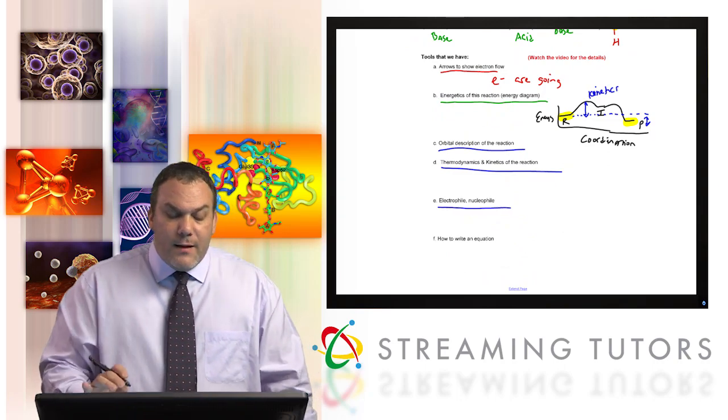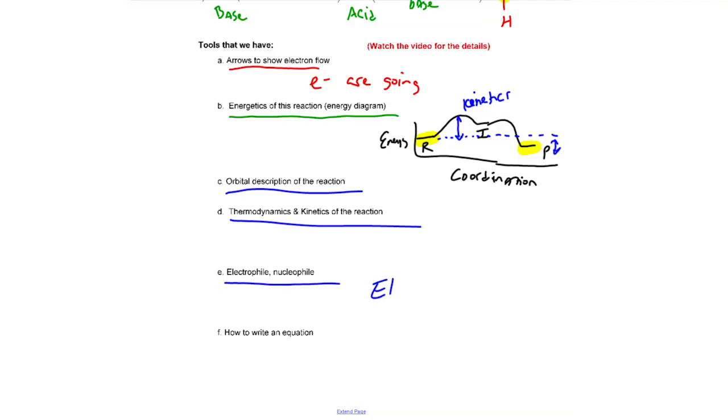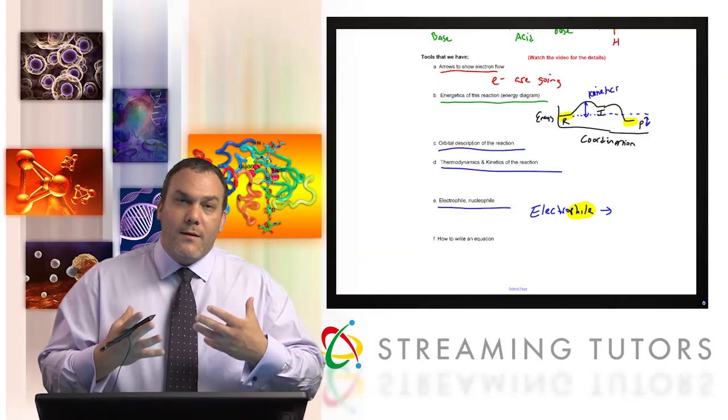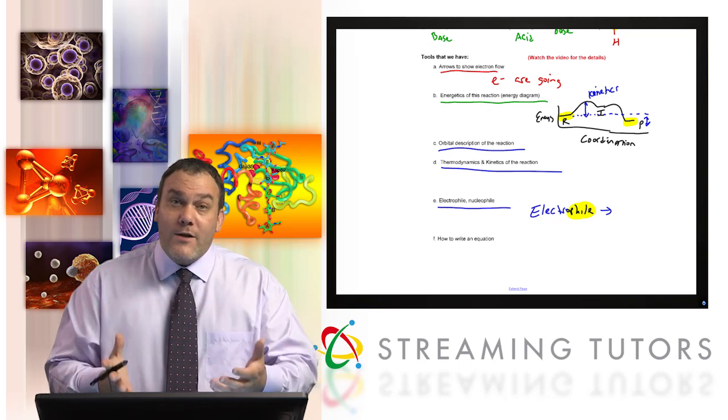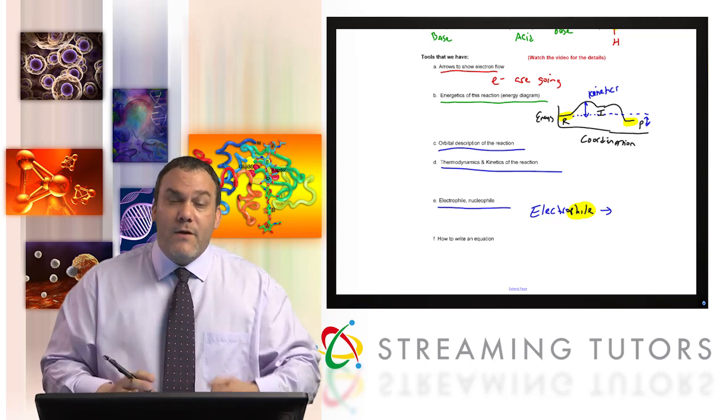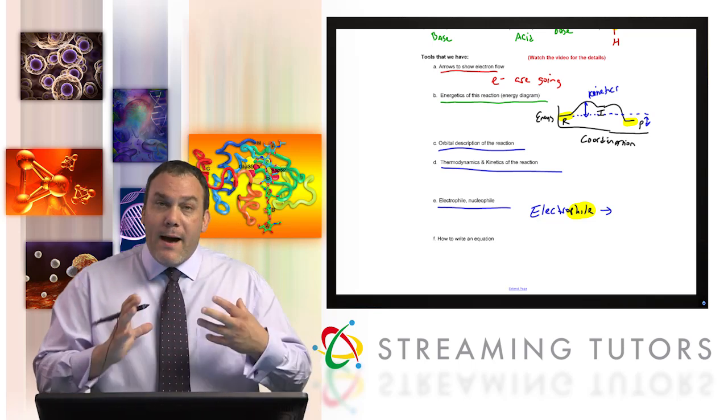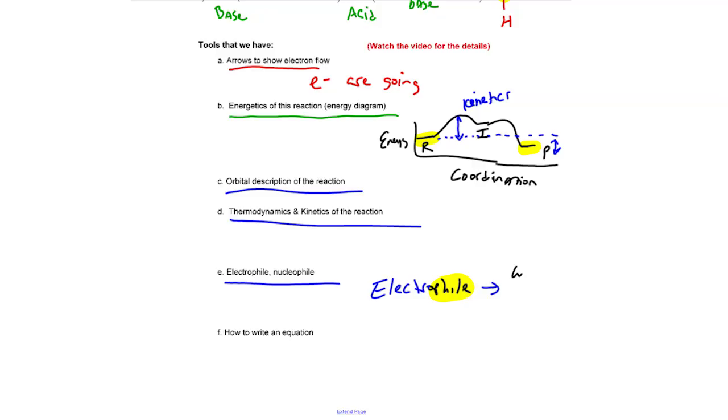Now, the idea of an electrophile or a nucleophile, this is something that you should definitely know right now, so I'm going to write it out. An electrophile is, remember, phile means loving, right? So something that's electron loving. Now, who wants electrons? Who wants negative? Positive. So when something's positive, it wants negative. It wants electrons.